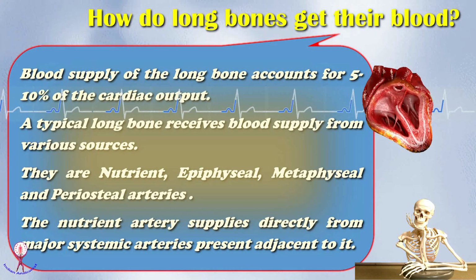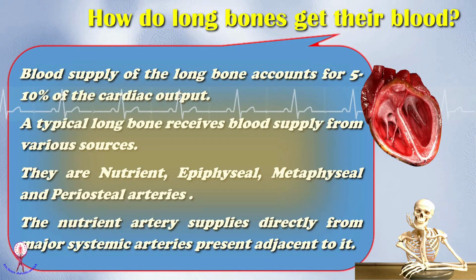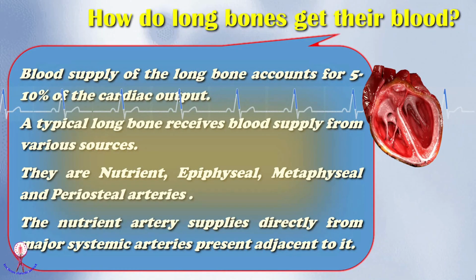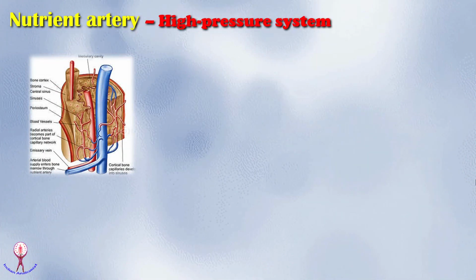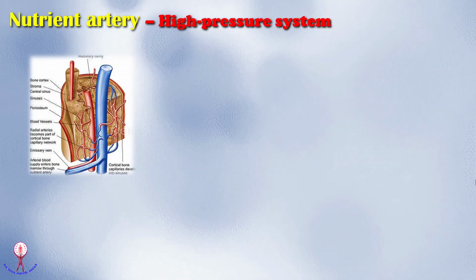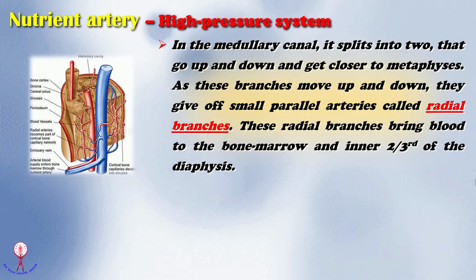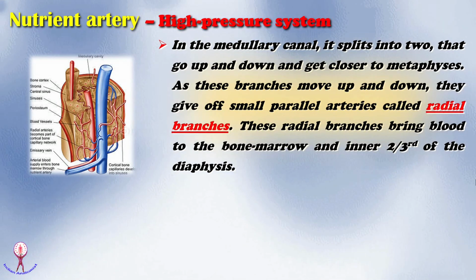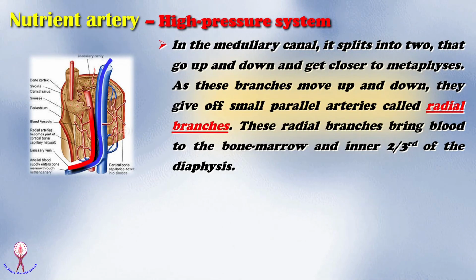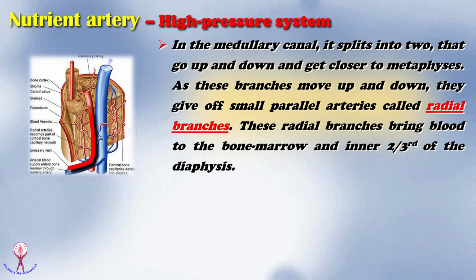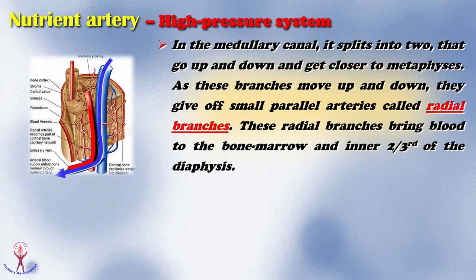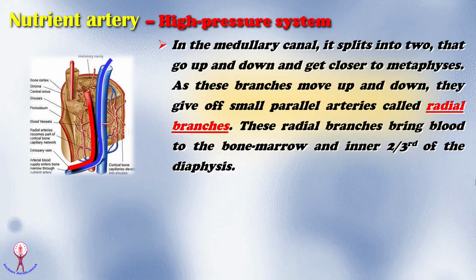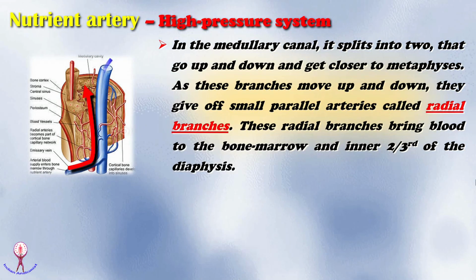The nutrient artery supplies directly from major systemic arteries present adjacent to it. Nutrient artery is a high-pressure system that comes from the systemic artery closer to the shaft. It enters the marrow canal of the long bone through the nutrient foramen. In the canal, it splits into two that go up and down and get closer to the metaphyses.